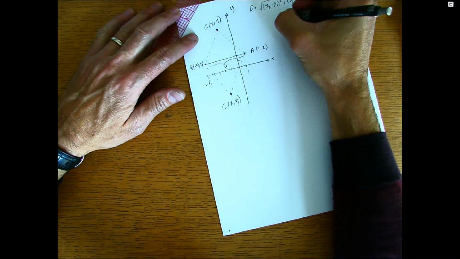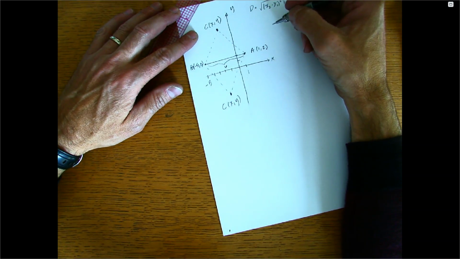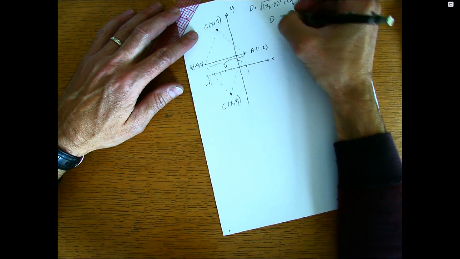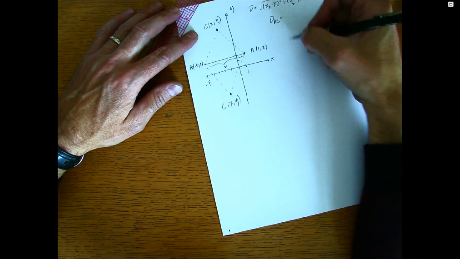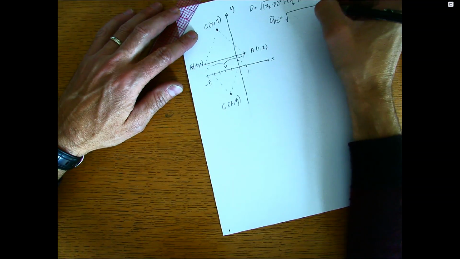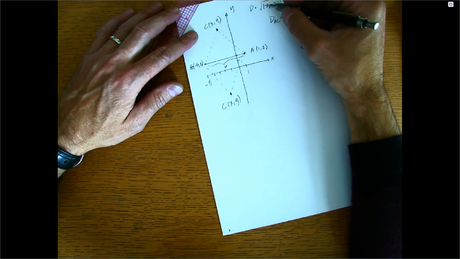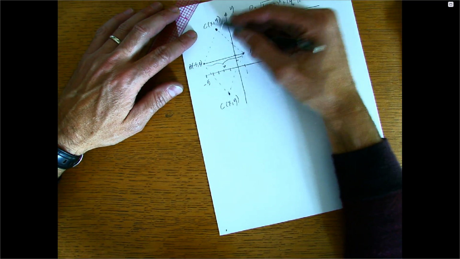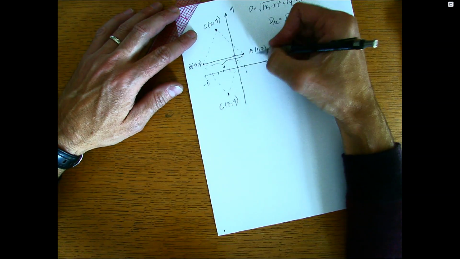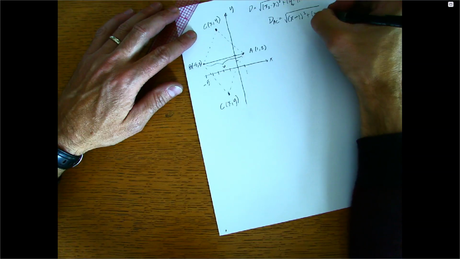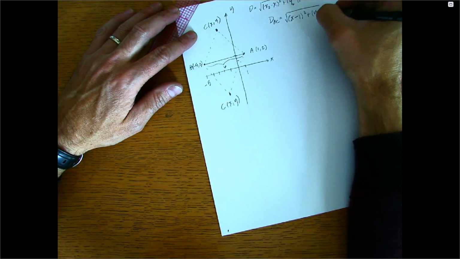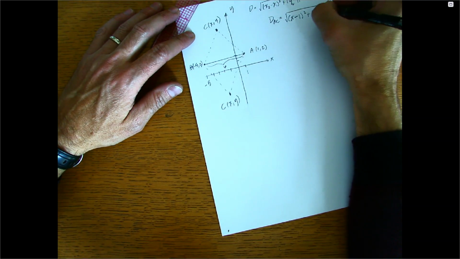So let's try the distance from A to C. If I go from A to C, then I want the distance to be the square root of the second point's x value, which is just x, minus the first point's x value, which is 1, squared, plus the second point's y value, which is y, minus the first point's y value, which is 2, squared. And we want that distance to be 6.